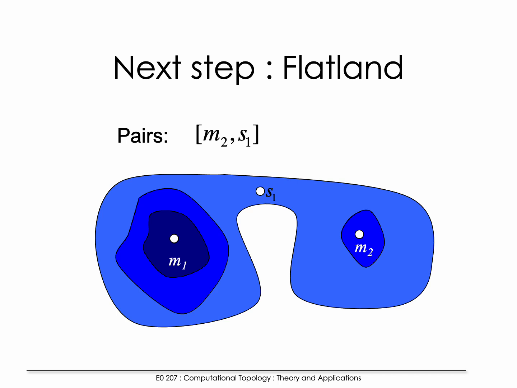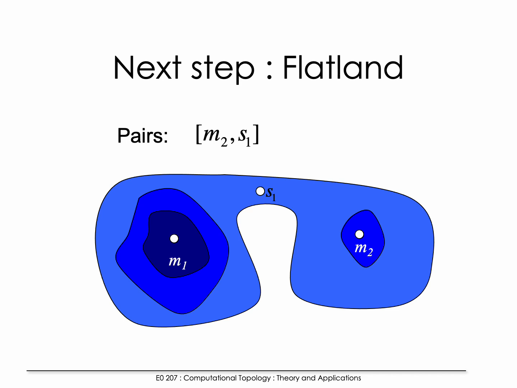The component that was born at m2 is younger, so it gets killed. The elder rule applies, so the component at m1 survives. And the way we capture this is using the pair m sub 2, the creator, and s sub 1, the destroyer. So this is one of the persistence pairs.